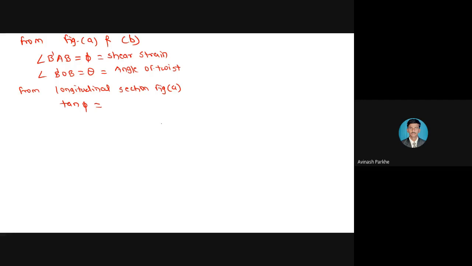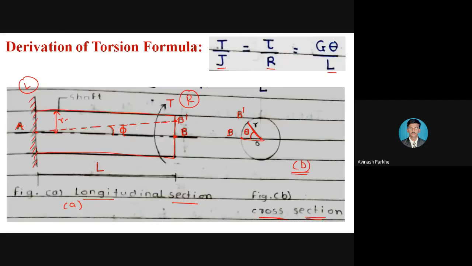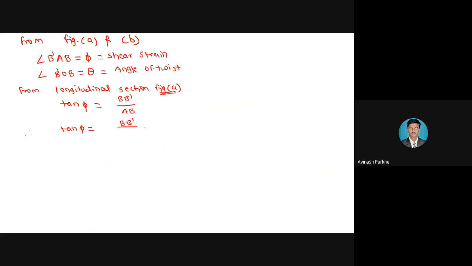So from the longitudinal section, from the figure only, tan phi is equal to BB dash upon AB. AB, from figure A, I can say, is represented by the length of that particular shaft.